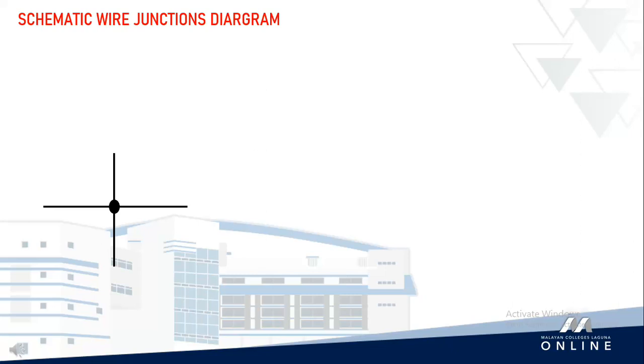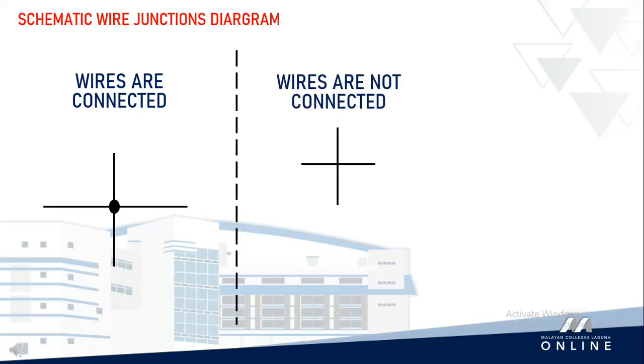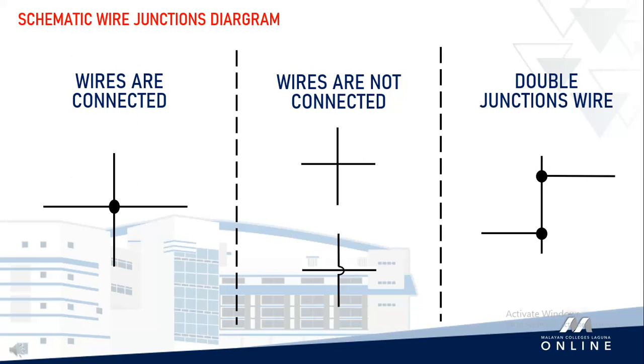This means that the wires are connected and the current will flow once the circuit is closed. If there is none, like this, it means that there is no connection. Another way to represent no connection is when a horizontal wire hops over the vertical. Lastly, if we see double junctions as these, this means that the wire has two crossing wires joined with one another.